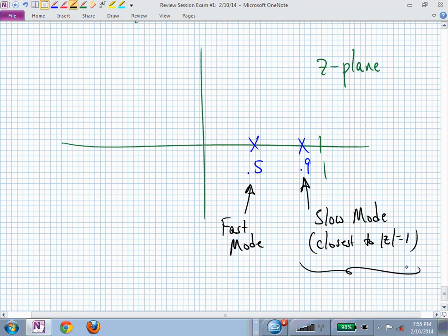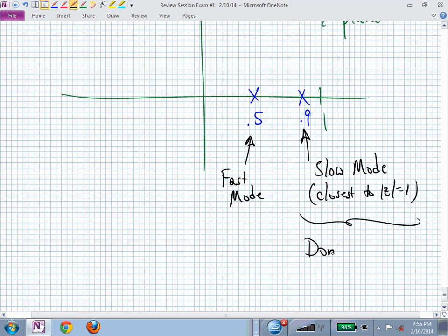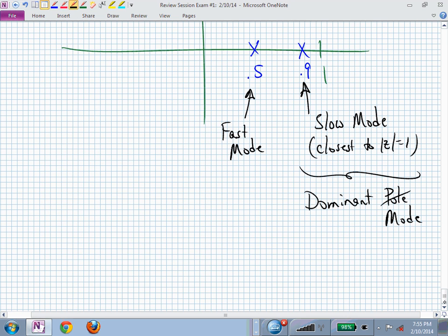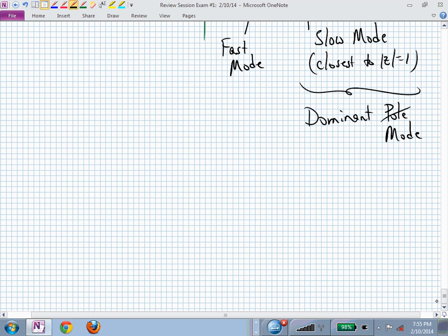That's the dominant pole or mode. That dominates your dynamics. And because of that, that's the one value you can use in that formula. Remember our settling time formula.